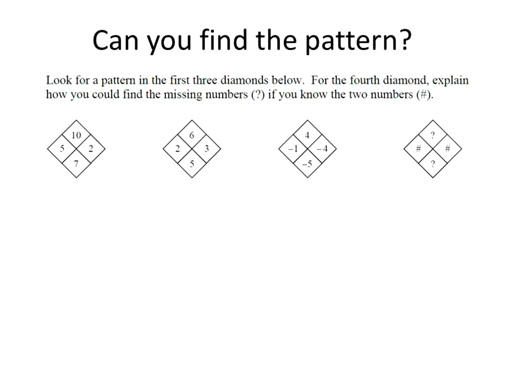Okay, so you're basically going to look at the pattern for the first 3 diamonds. We call these diamond problems. And then for the 4th diamond, you want to explain how you can find the missing numbers if you know 2 of the numbers. There are 2 side numbers, and you figure out the top and bottom number.